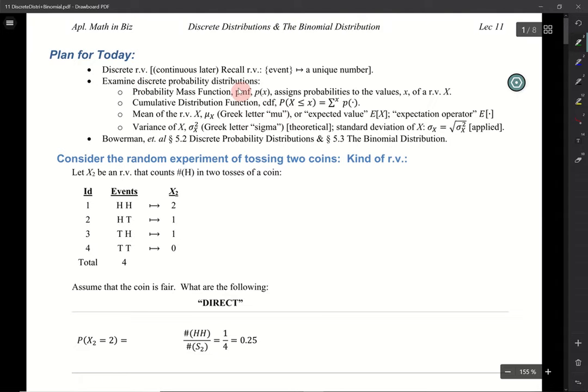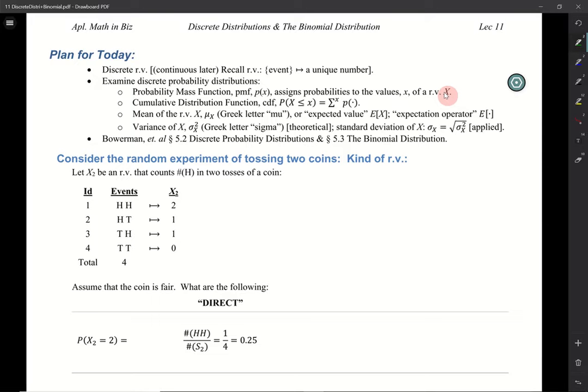Last time we went through things pretty quickly, but there's the concept of a distribution. And there are really two ways that we look at discrete distributions. One is the PMF, or probability mass function, and oftentimes it is abbreviated with a lowercase p, and it assigns probabilities to the values of a random variable. It's a little bit abstract, right?